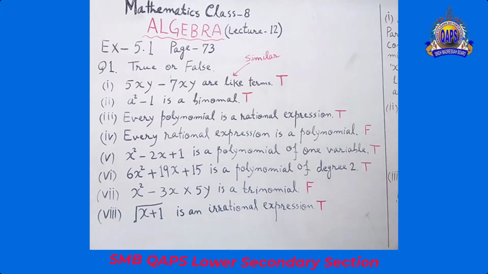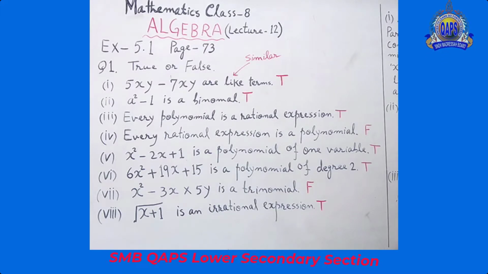That's why they are called like terms. See, let me tell you this thing. Parts of an algebraic expression connected by plus or minus sign are called terms. So, xy and xy are similar or like terms.